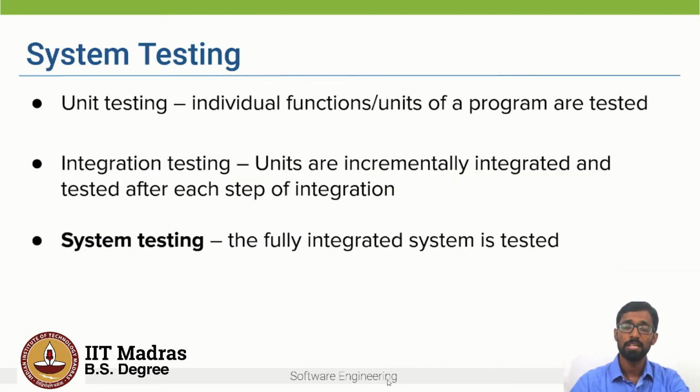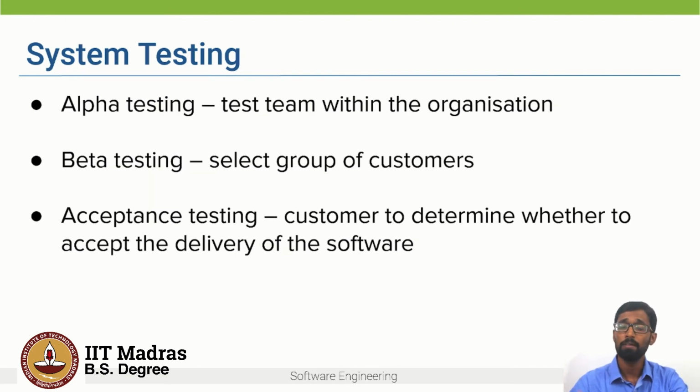Now that we have seen the different types of integration testing, finally we do system testing, where the fully integrated system is tested. Now there are various ways in which we can do system testing. One way is to define who is going to test the system.